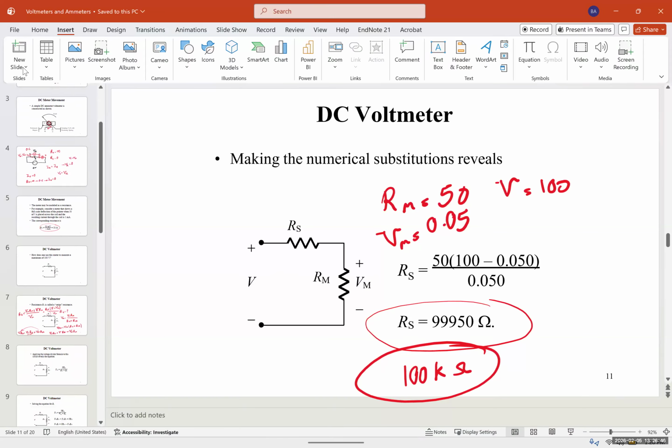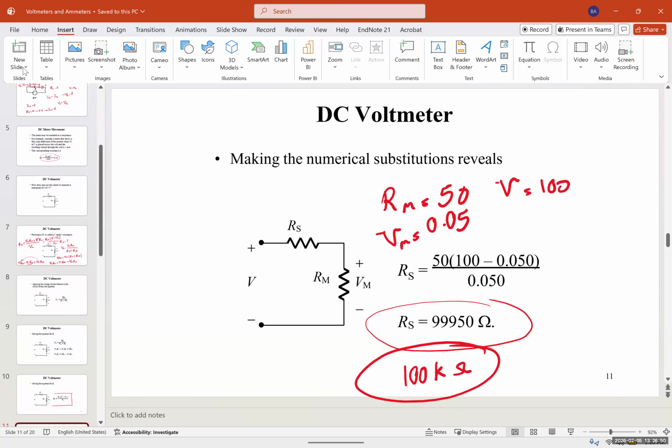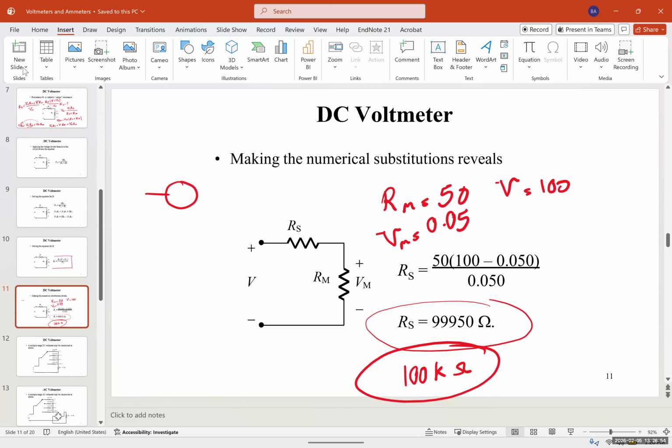Again, let me go back to the graph that I drew. Or I can draw it here. So if my voltmeter has a low resistance, the current would pass through the voltmeter instead of the resistor.